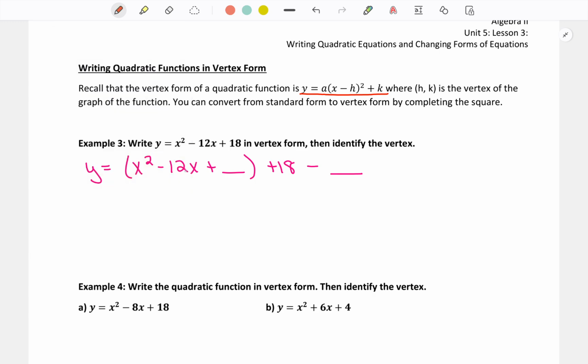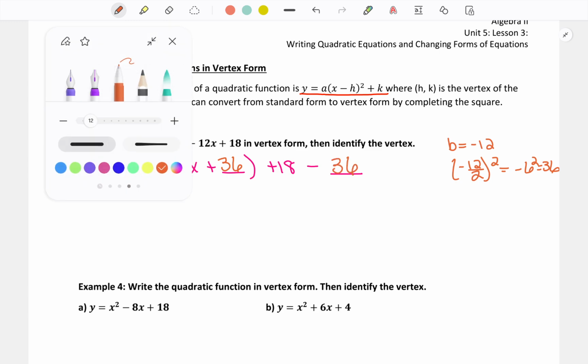So I'm going to take my b, which is negative 12, and divide it by 2 and square it. So that gives us negative 6 squared, which is 36. So I'm going to add 36 inside the parentheses, but then to keep balance, I am going to subtract 36.